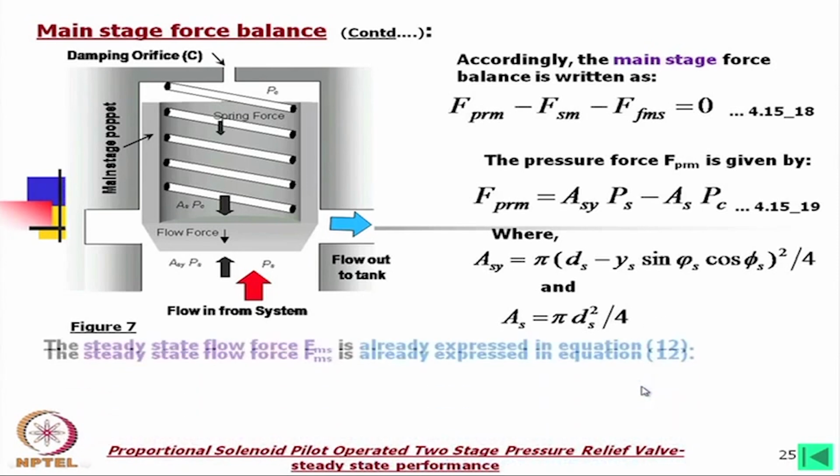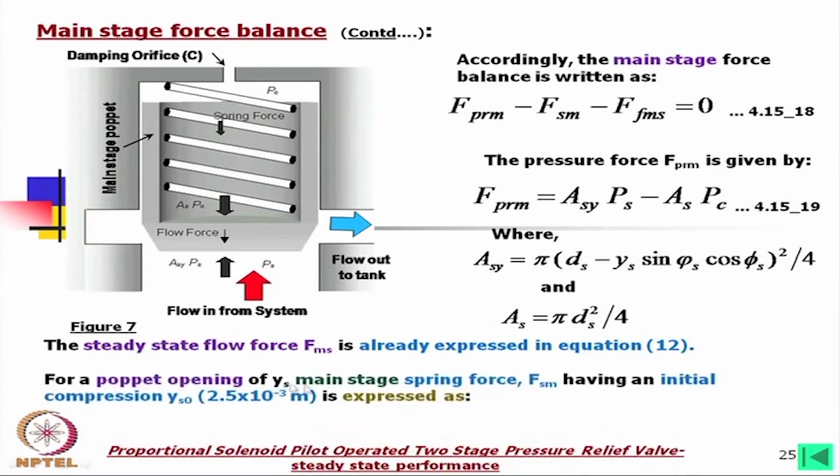So, you can use this formula, and the steady state flow force is already expressed in equation 12 earlier, and the poppet opening Y S, main stage spring force F S M having an initial compression of Y S 0 of 2.5 into 10 to the power minus 3, is expressed as follows.